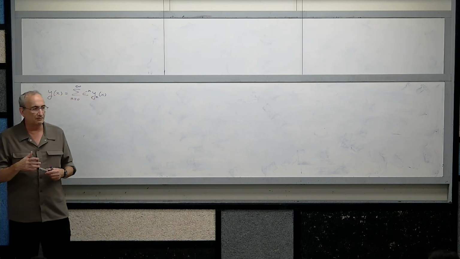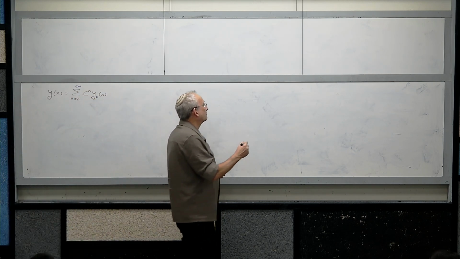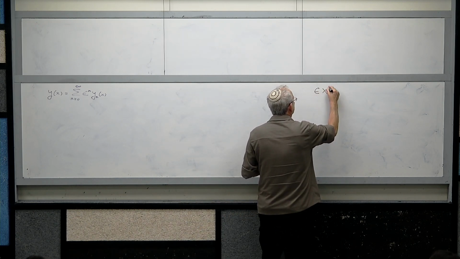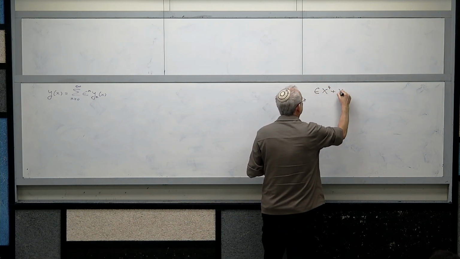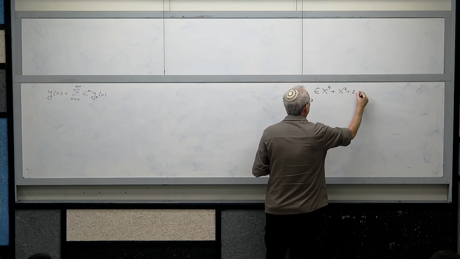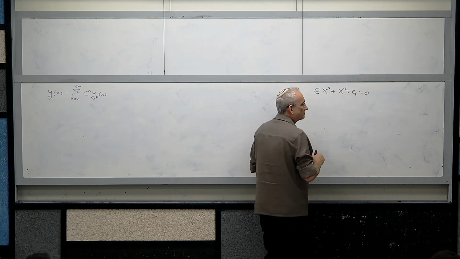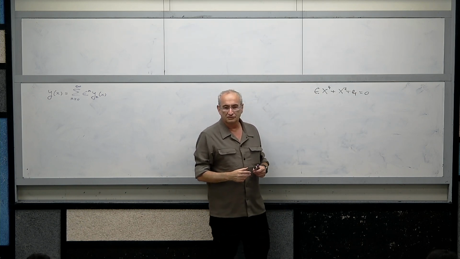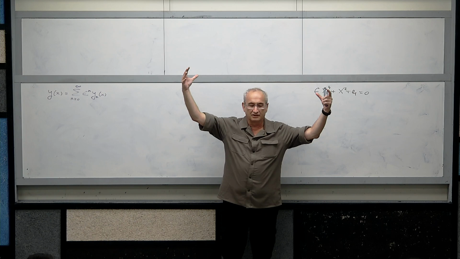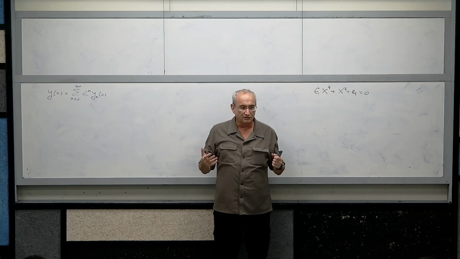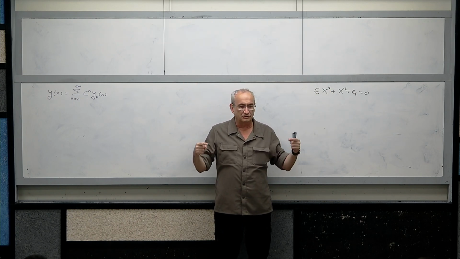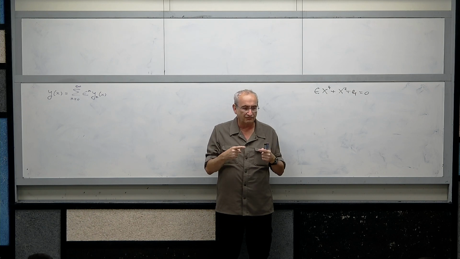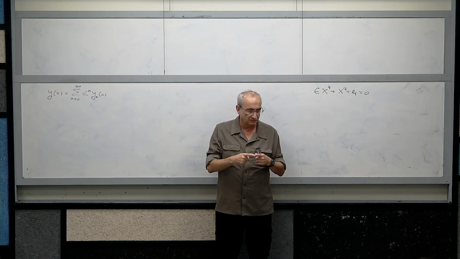For example, if you remember this trick with something like epsilon x to the 4 plus x squared plus 2 plus 4 equals 0 or something. When epsilon goes to 0, we lose a few solutions, and these solutions were going to infinity. So there is no simple convergence of at least some of the solutions of the equation to their value at epsilon equals 0.